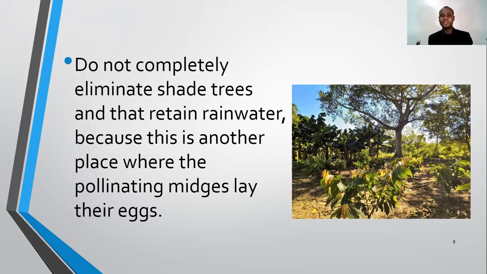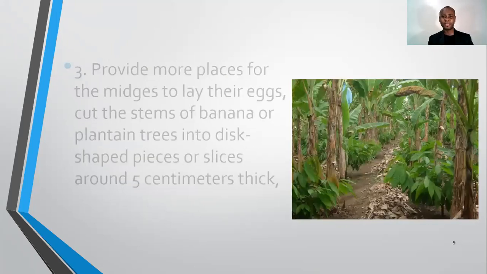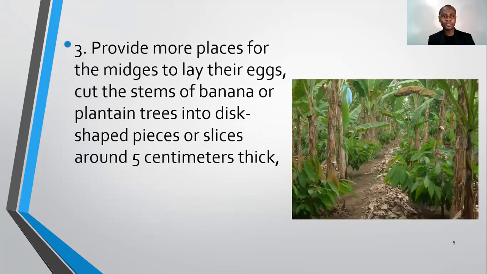It becomes a place for the midges to lay their eggs, aside from the leaves and the banana pseudostems and so on. If you don't even put water by yourself and it rains, those holes are going to collect water, and the midges will lay their eggs in the water, reproduce, fly back to the trees, and get pollination to happen. Provide more places for the midges to lay their eggs.